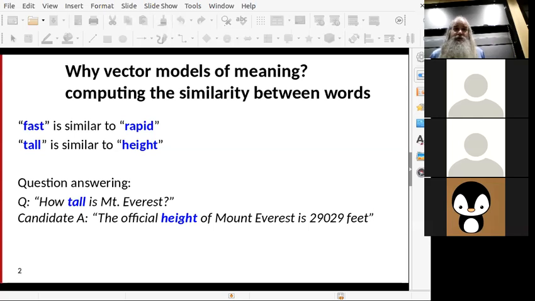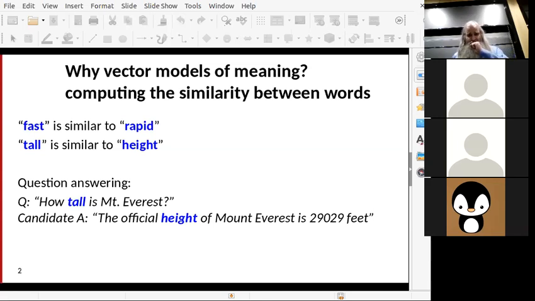So imagine that you were building a question answering system and somebody asked the question, how tall is Mount Everest? And your Wikipedia entry says the official height of Mount Everest is 29,029 feet. Now, knowing that tall and height are in some sense similar meaning would allow you to answer that question.